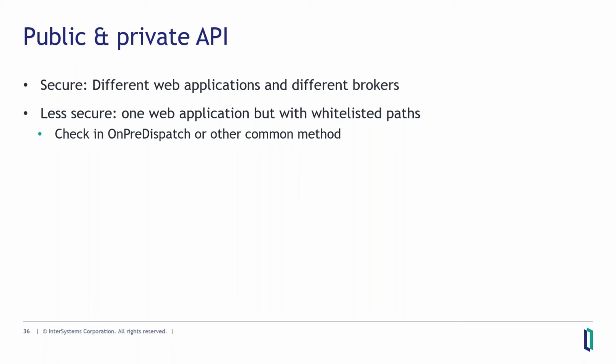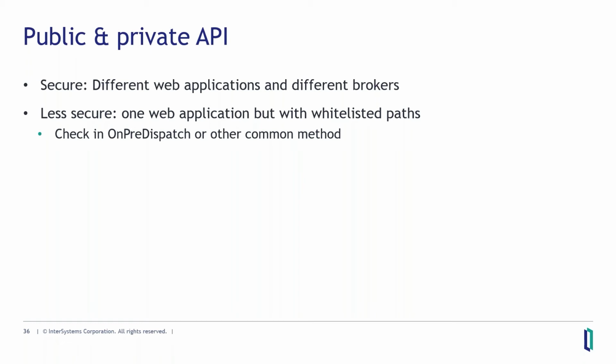A less secure way is one web application but with a whitelisted path. So you have some list of whitelisted URLs which are unauthenticated, and everything else is authenticated only. Note that it is a whitelist and not a list of things you need to authenticate.